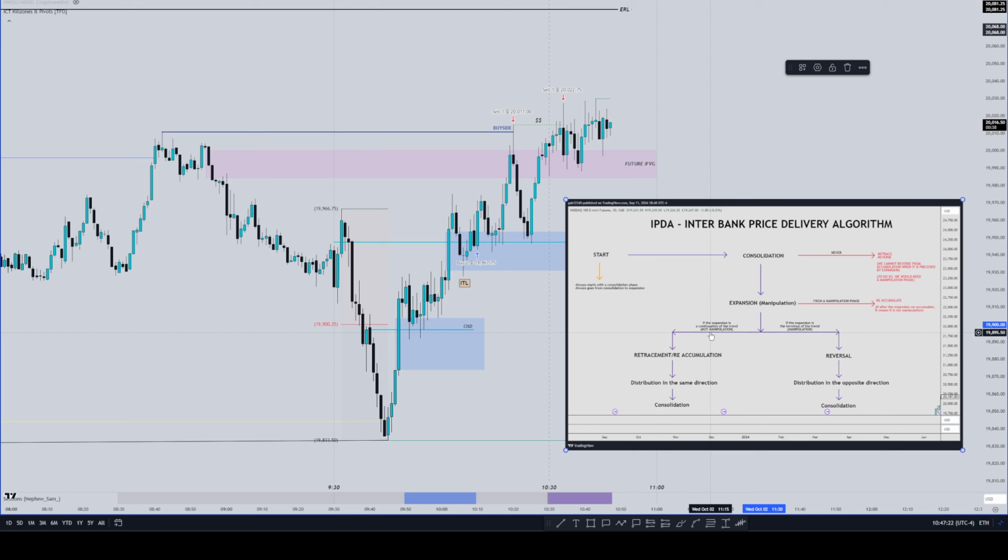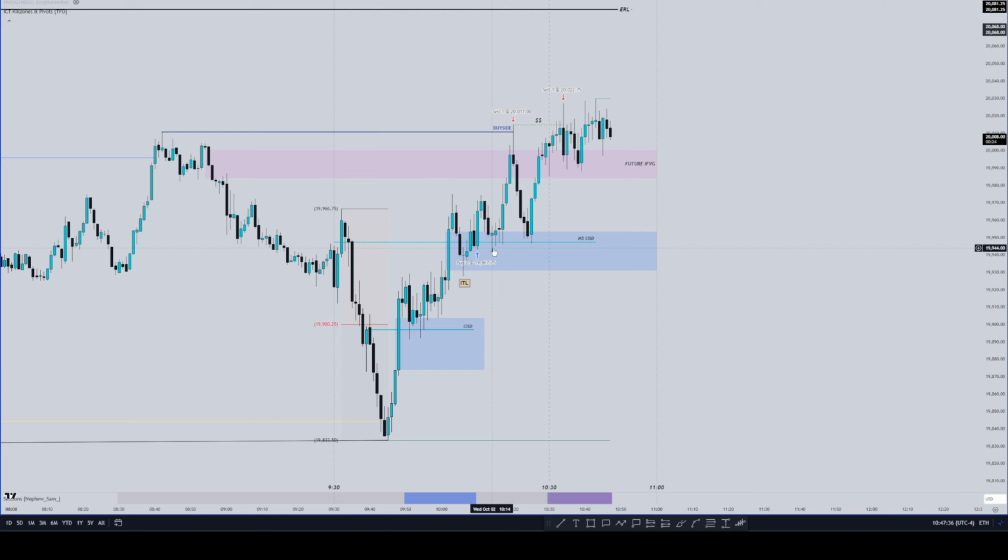The expansion is towards the drawn liquidity. It's a continuation of the trend. Therefore, we're going to retrace, and retracement is going to be back into 50% of the dealing range. This is where you find discount entries, and then expand, and then consolidate again.